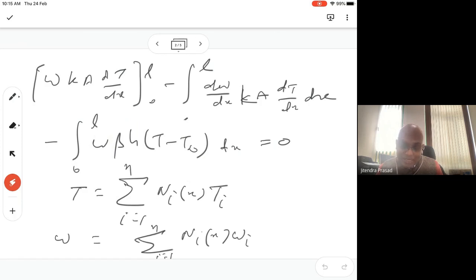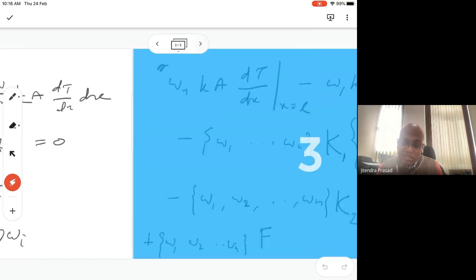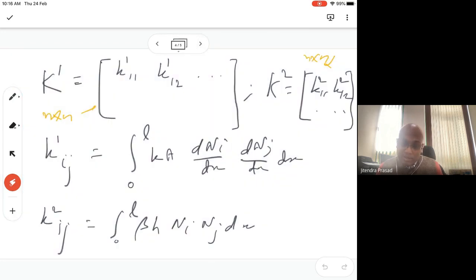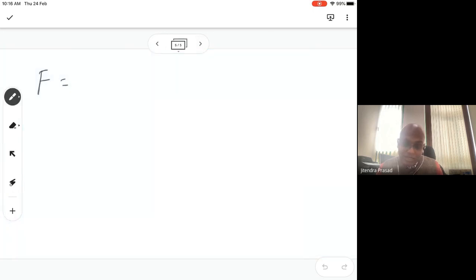So that means basically what you get is N terms, so N multiplied by T infinity beta H. So what you get here is the integral from 0 to L of beta H T infinity N_i.